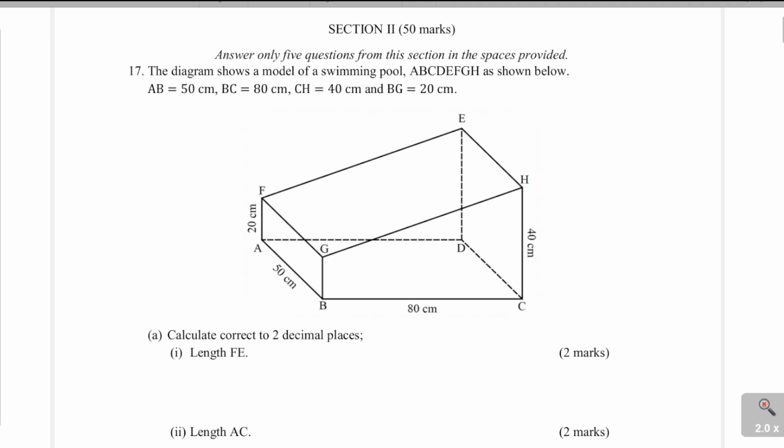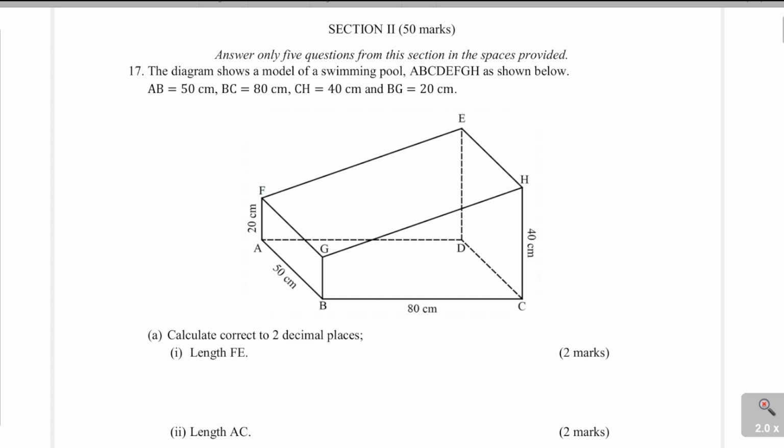The first question: calculate, correct to two decimal places, the length FE, for 2 marks. So where is FE? You can see where FE is. How do we get that length?